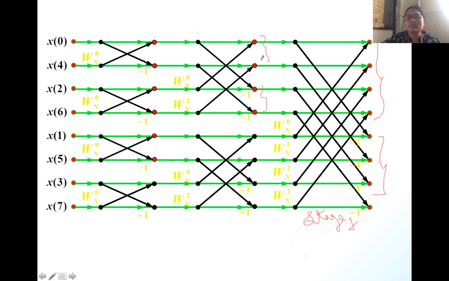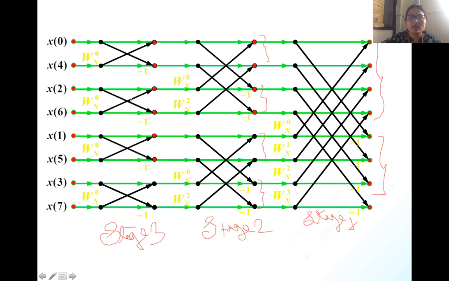Here the addition operation is taking place, and here the subtraction operation is taking place. So this is 0 and this is 2 because we are now reducing these computations. Again, this n by 2 and n by 2 are further divided into n by 4, n by 4. So this is the stage 2 computation. Are you getting this? This is the stage 2 computation, and this is the final stage 3 computation.